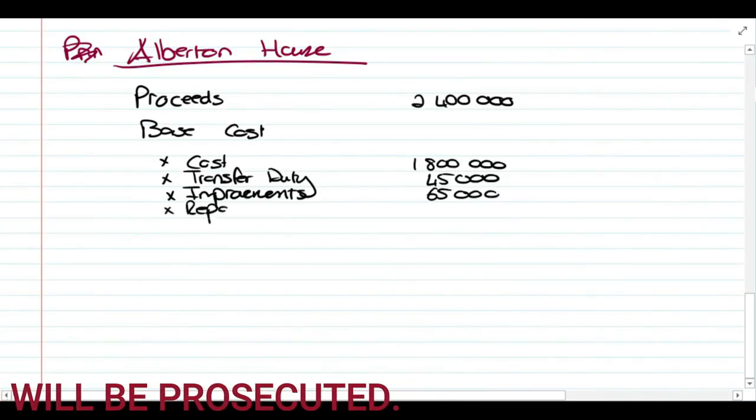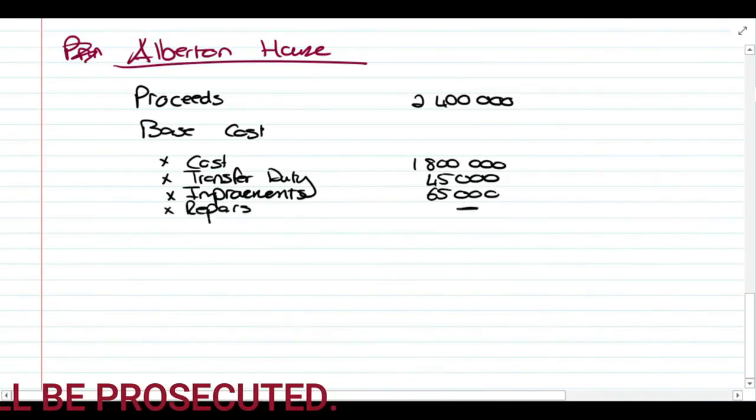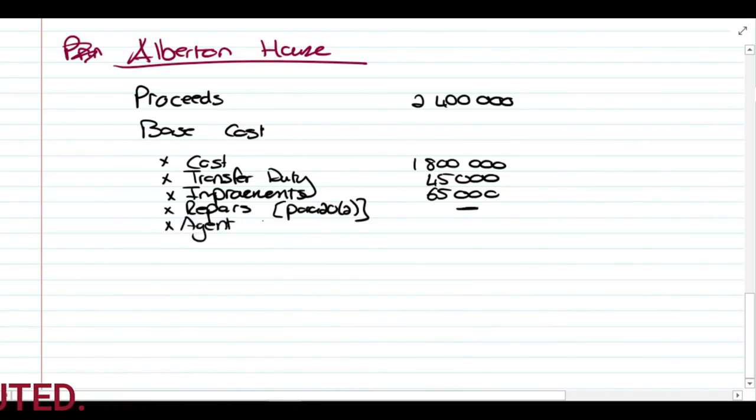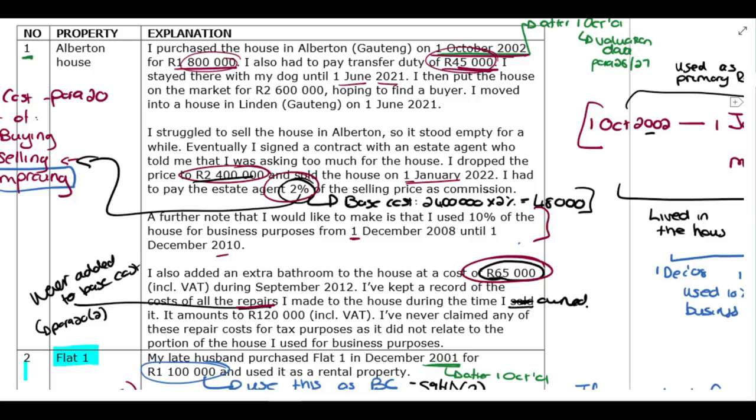They tell us about repairs in there, and we know repairs are not allowed. Paragraph 22 tells us that. And then there was the agent commission, which was 2.4 million times 2%, so it gave us 48,000.